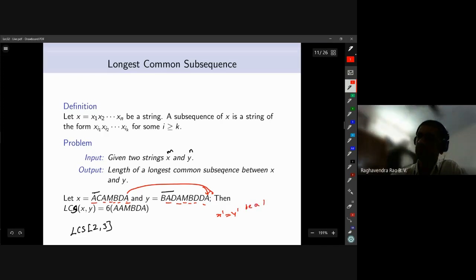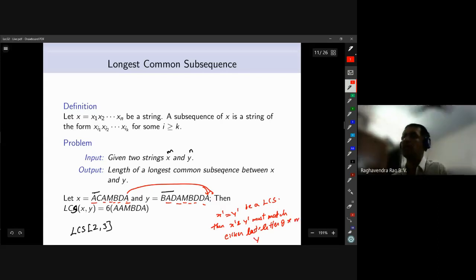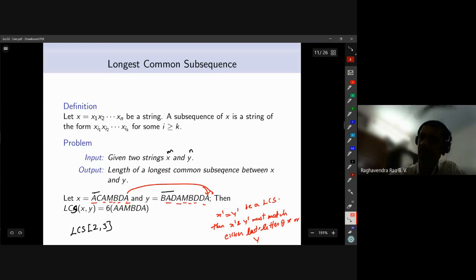Why is that? Either the last letter of x has to be matched by some position in y, or the last letter of y must be matched by some position in x.